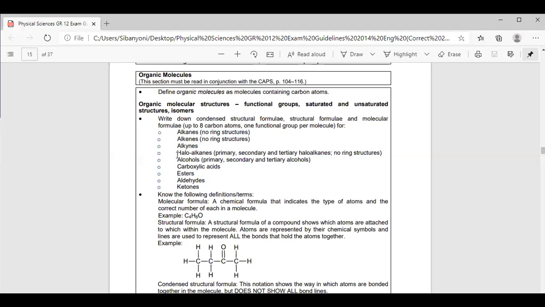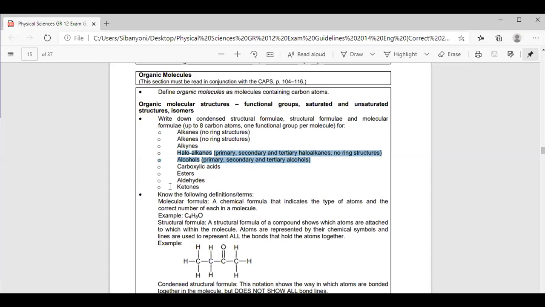And furthermore, in your haloalkanes and alcohols, remember, we must be able also to distinguish between a primary alcohol, a secondary alcohol, as well as a tertiary alcohol. As well, a primary haloalkane, a secondary haloalkane, and a tertiary haloalkane.